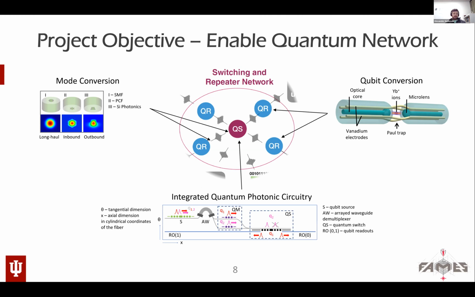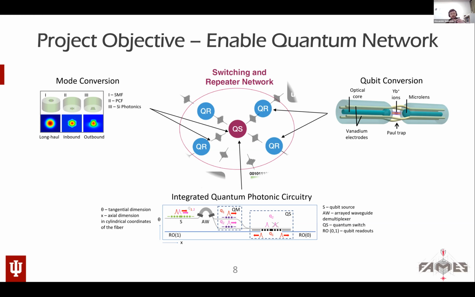And then in the network itself, you also need to have routing capabilities. And this is a very long haul effort because this is not just a quantum switch. That is a full-fledged circuit that has time delay properties. So it has quantum memories. It has amplification properties.